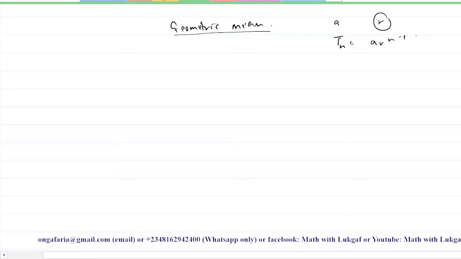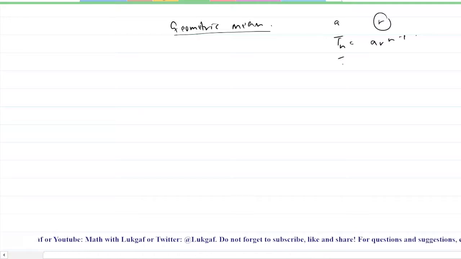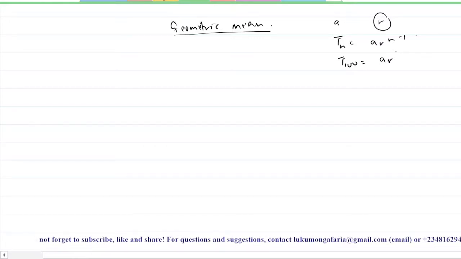So in essence, I gave the formula for the nth term to be AR^(n-1). If you want to find any term in a GP, you don't need to stress yourself. For example, if I want to find the 100th term, just write AR, and for the index, that is the power, just subtract 1 from the number of terms.